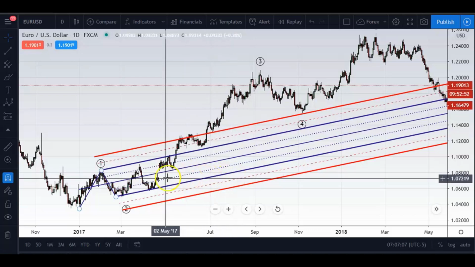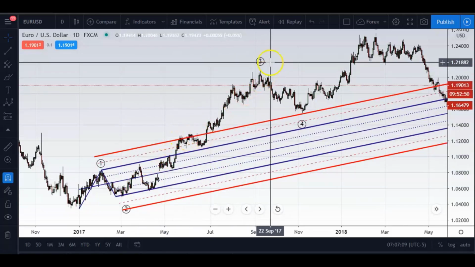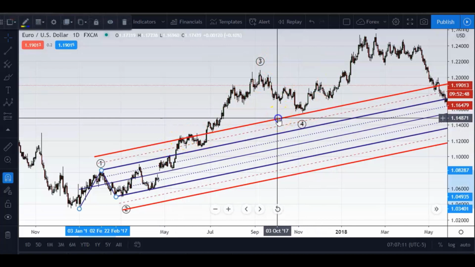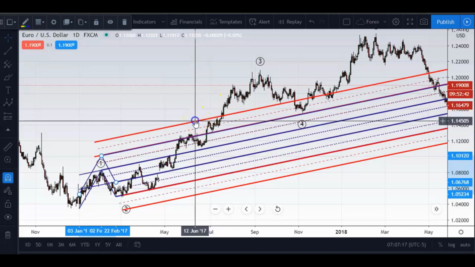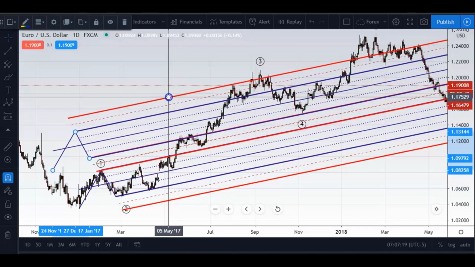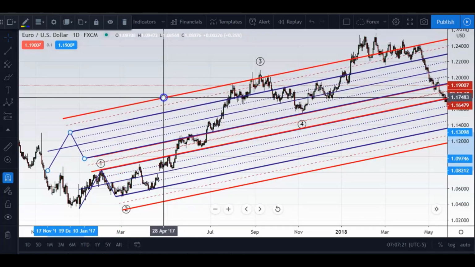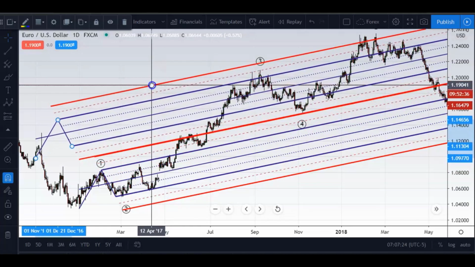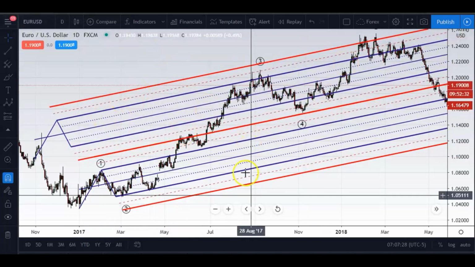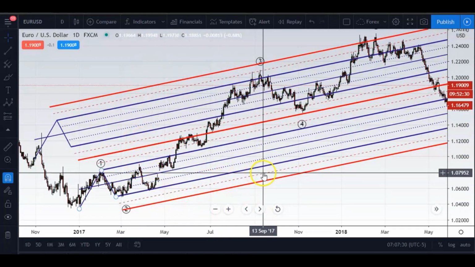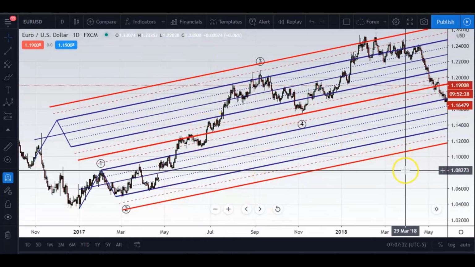Okay. So now, although price left the boundaries of this pitchfork, what I like to do is copy and paste those same angles and attach them to the top side. So same angle and slope, just copy and paste it and add it to the top side there.